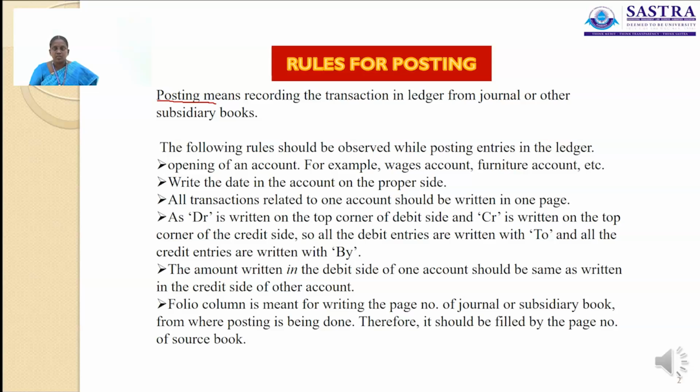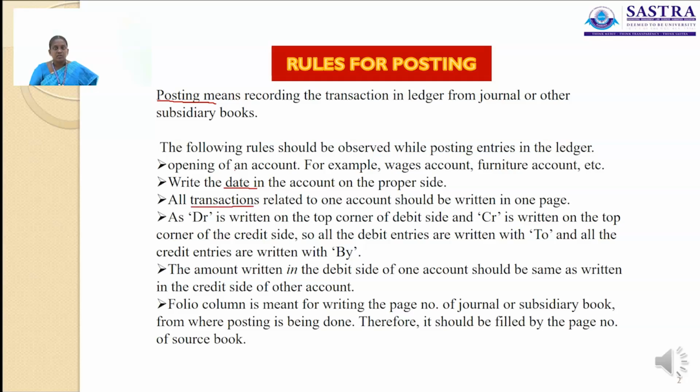Opening of an account means, for example, wages account, furniture account, machinery account, capital account, purchase account, sales account, etc. Then the second step is to write the date in the account on the proper side. Next, all transactions related to one account should be written on one page.